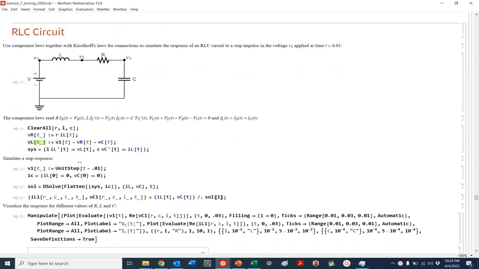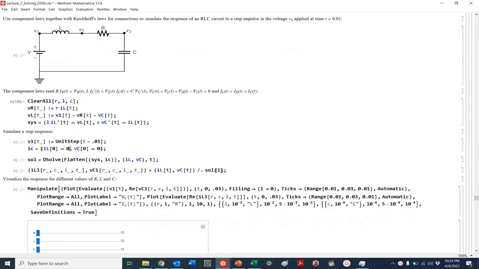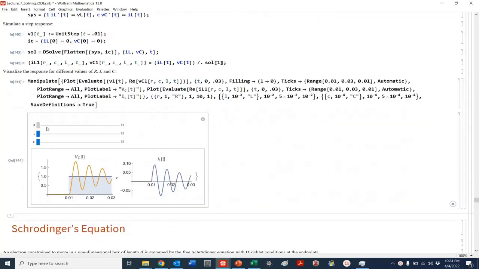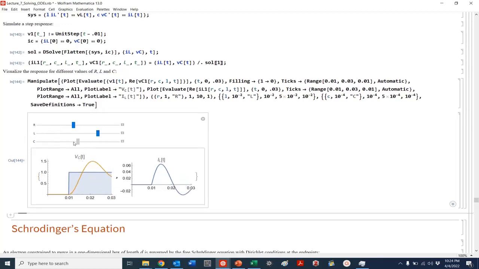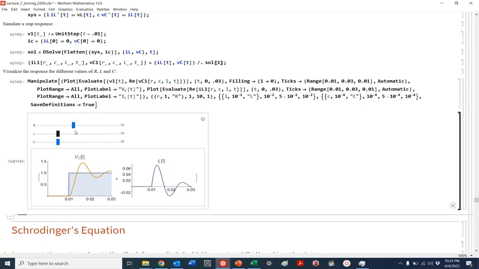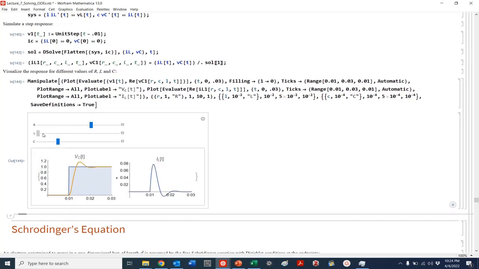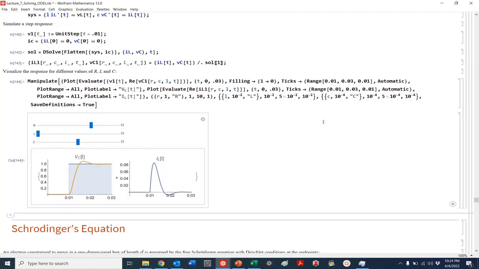You can actually look at an RLC circuit: resistor, inductance, voltage, capacitor. You can look at several different examples here, and we can see as we change some of these parameters, resistance, inductance, capacitance, how my voltage and my current change.